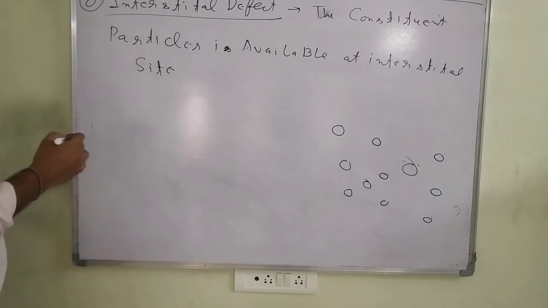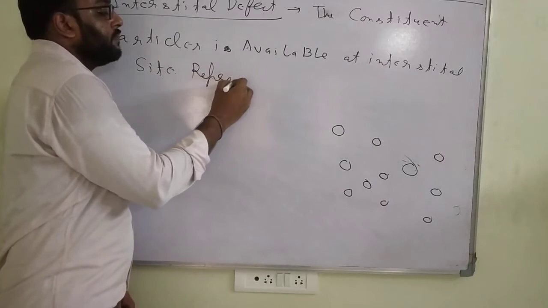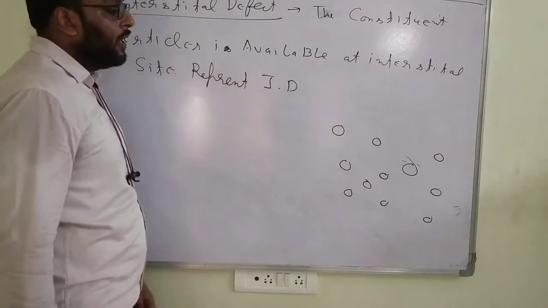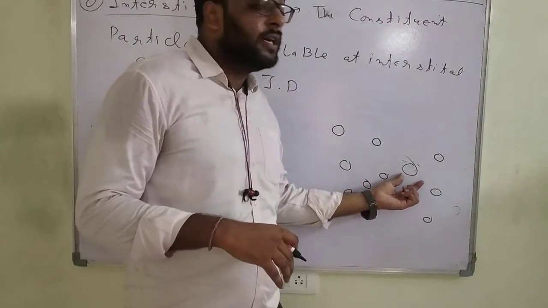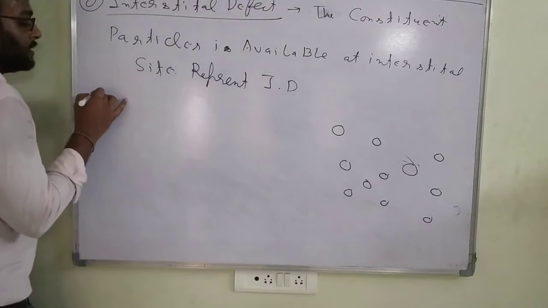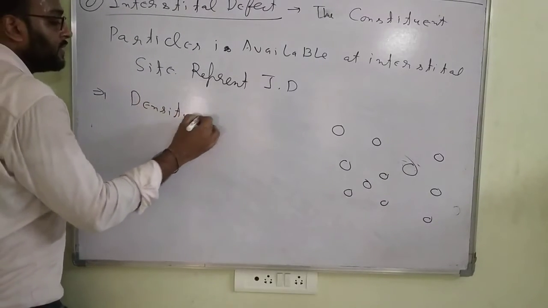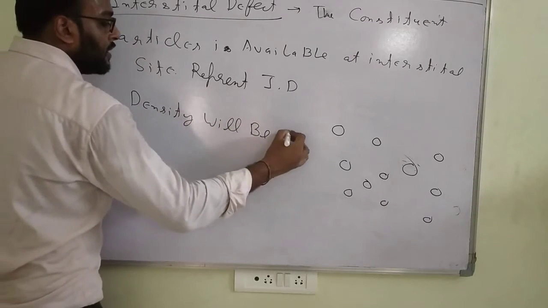The constituent particle available at an interstitial site represents interstitial defect. Here, if any other molecule, atom or ion comes to an interstitial site, the density will increase. The next point: density will increase.